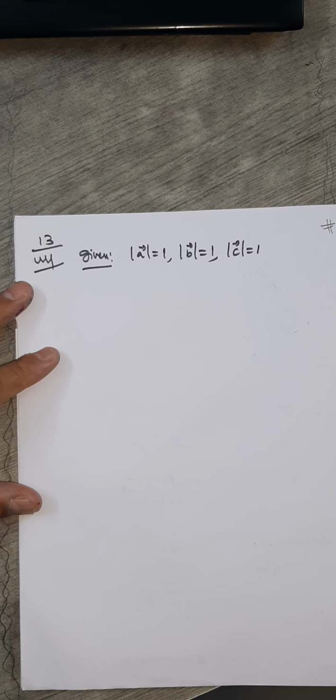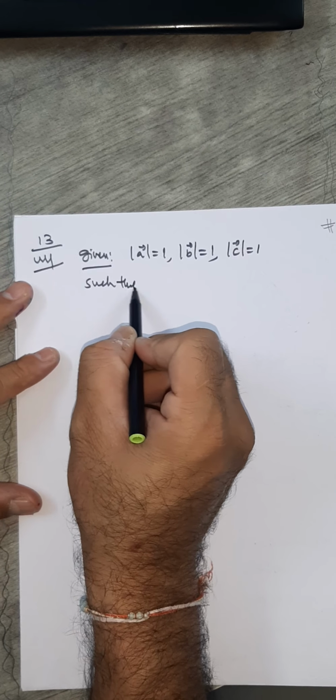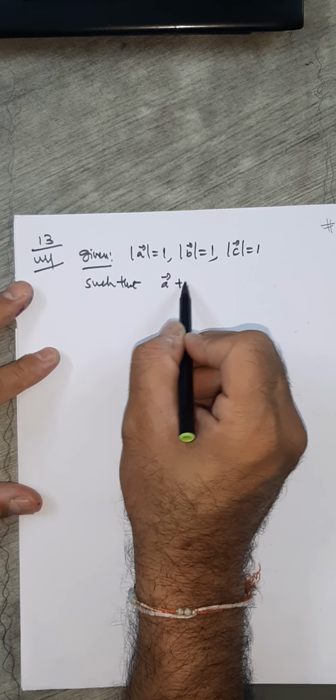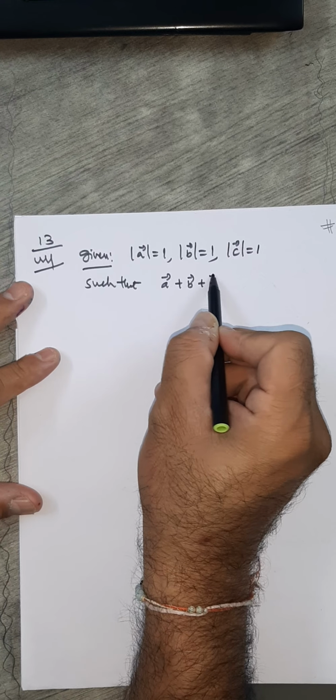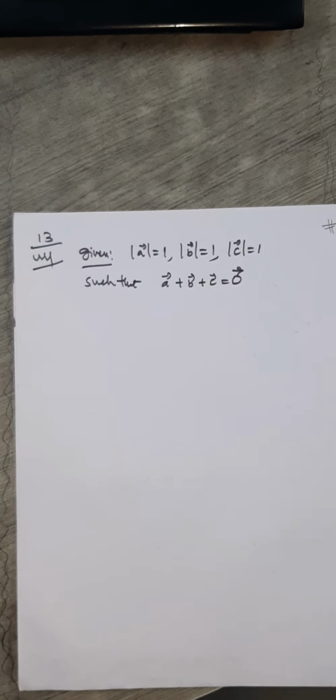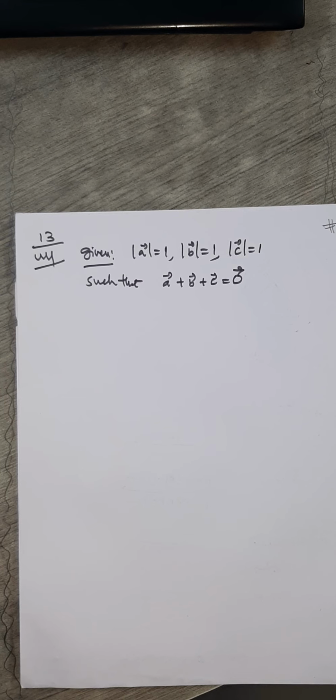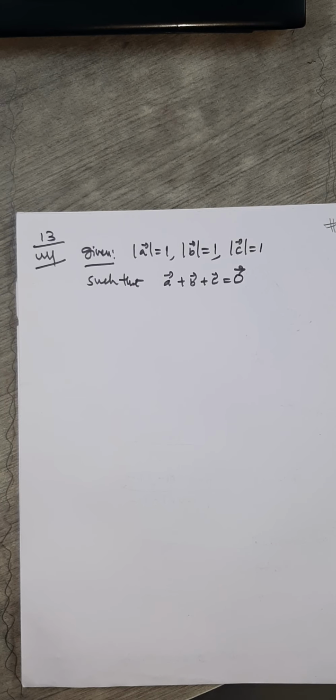A, B and C are unit vectors satisfying this condition. Which condition? Such that their summation equals to 0 vector. Okay, and you want to get the value of that vector A dot B plus B dot C plus C dot A. You want that. That's the question.